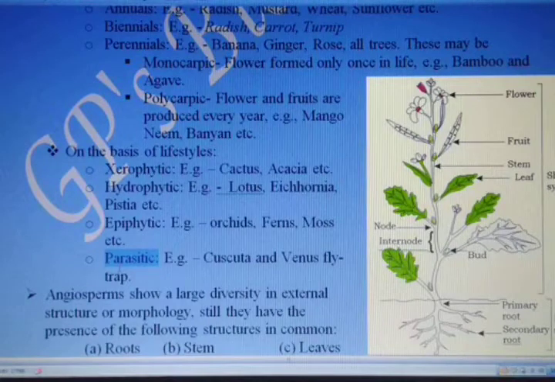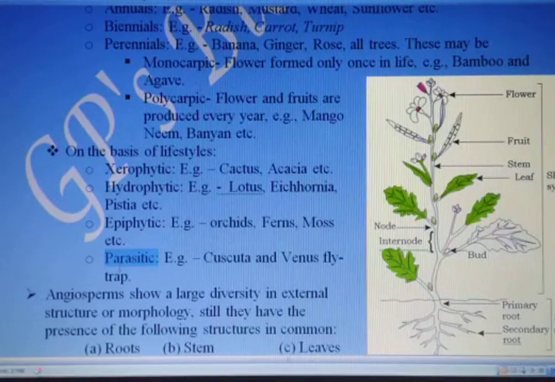And if they have their leaves and can manufacture their food, but they are not able to absorb the water and mineral salt from the soil, then for that purpose they take the water and mineral salt from other plants. Means what? They depend on other plants only for water and mineral salt, because their roots are not well developed for absorption.